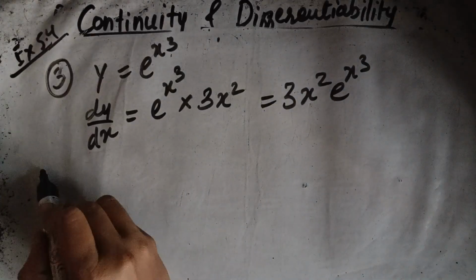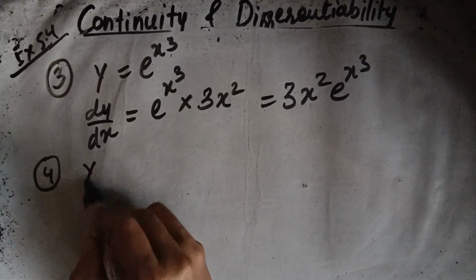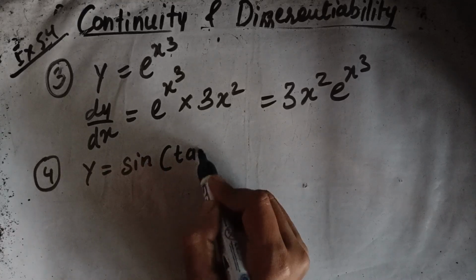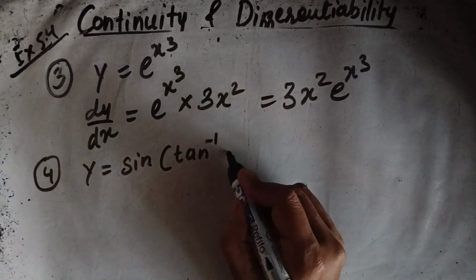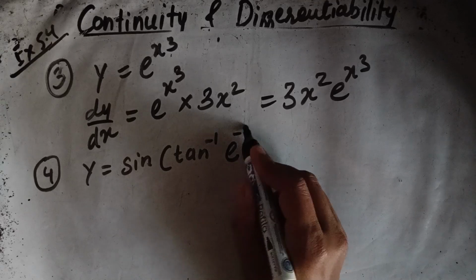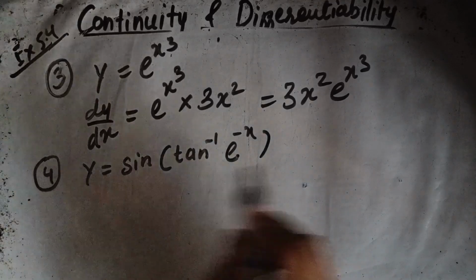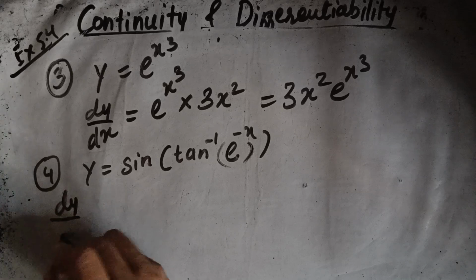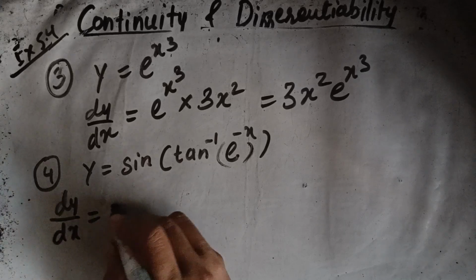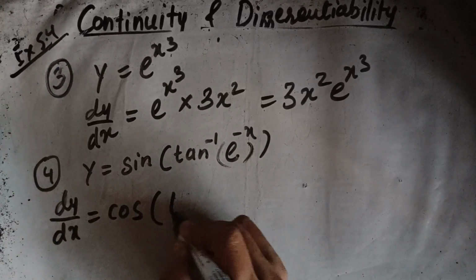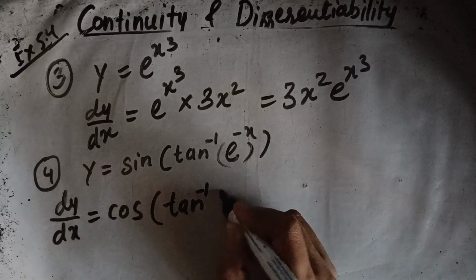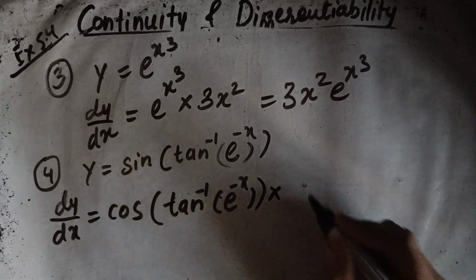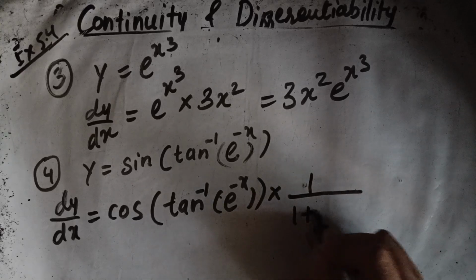Okay. Fourth question, sine tan inverse e raised to minus x. Okay. Three functions are there. So dy by dx, sine becomes cos. This remains same. Then we have to take tan inverse. Derivative of tan inverse is 1 upon 1 plus x square.